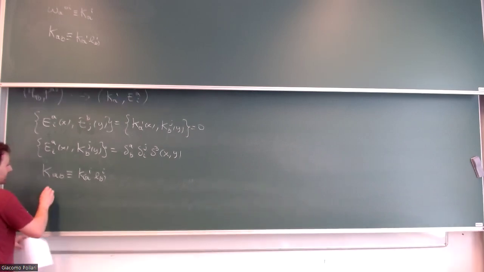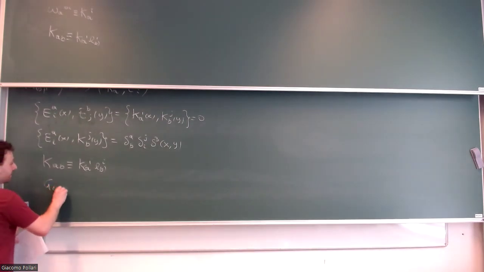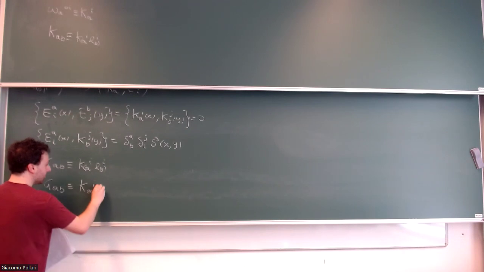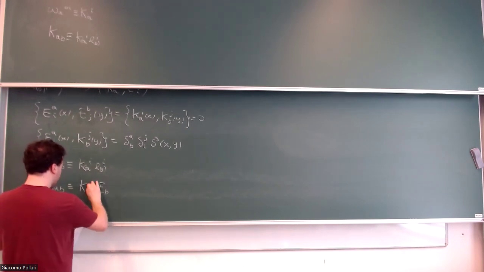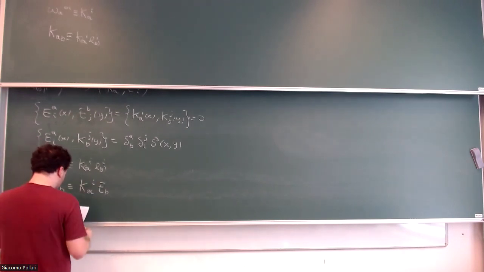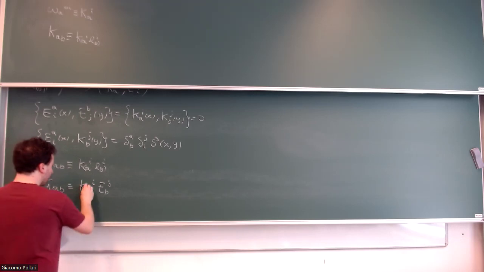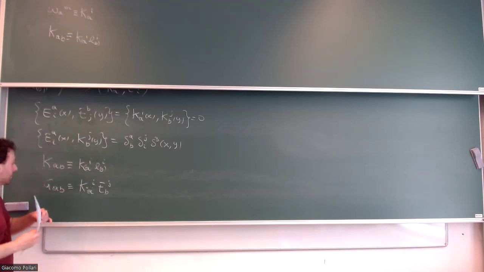Okay, now I can define this G_ab instead as this. So how are these defined?